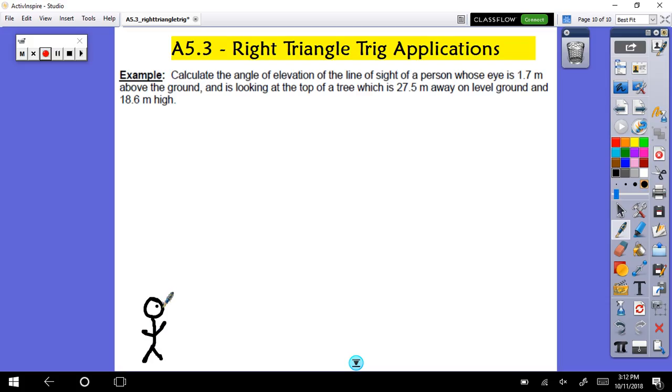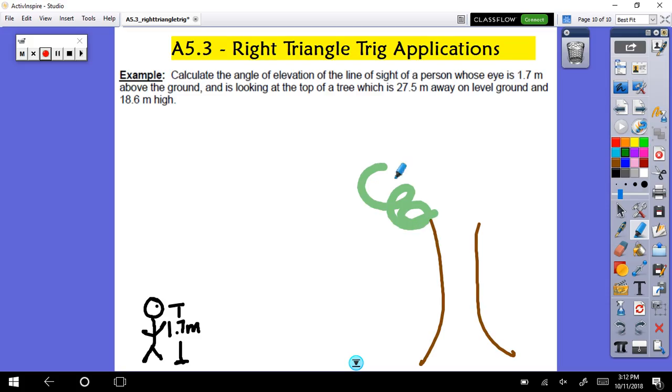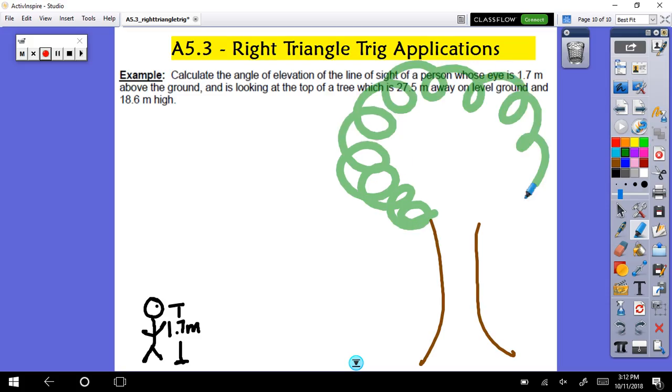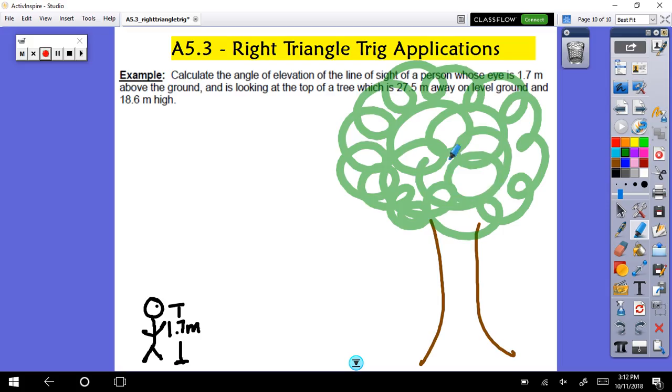Their eye is 1.7 meters above the ground, looking at the top of a tree. Let me draw a tree here. I'll even add some color to it. There you go, there's our tree.